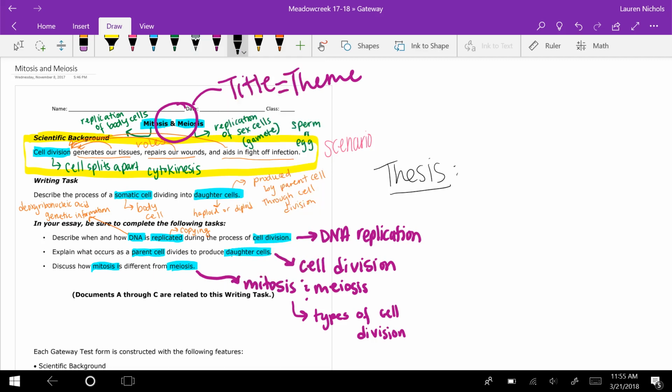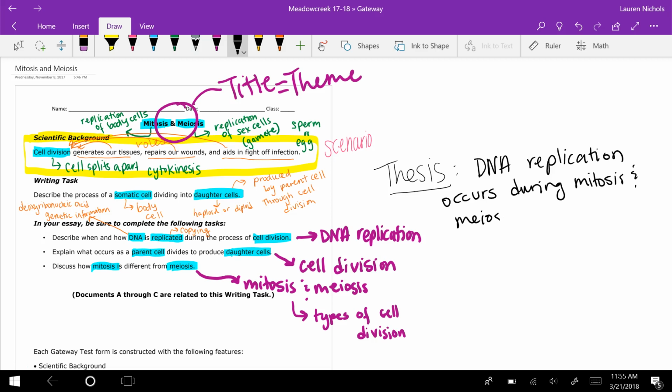There are many ways that we could word this sentence, but let's just say that DNA, or oops, sorry, not DNA occurs, DNA replication occurs during mitosis and meiosis, which are types of cell division.